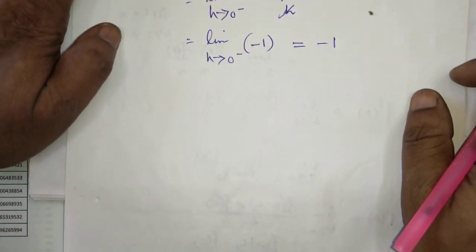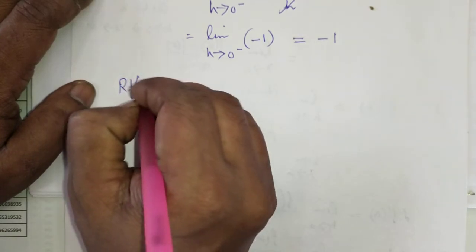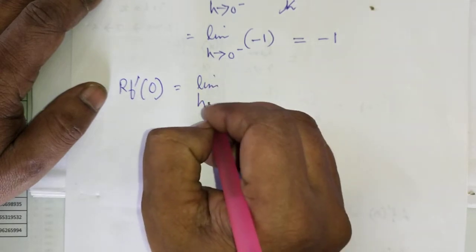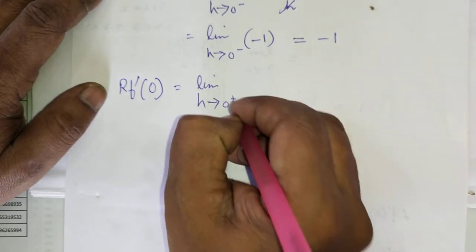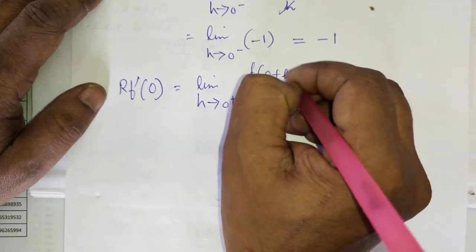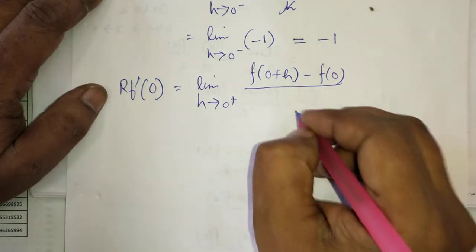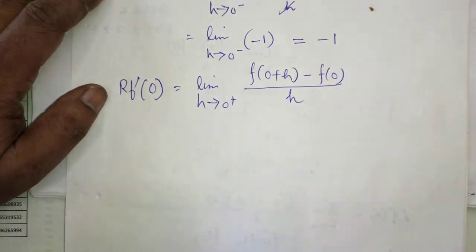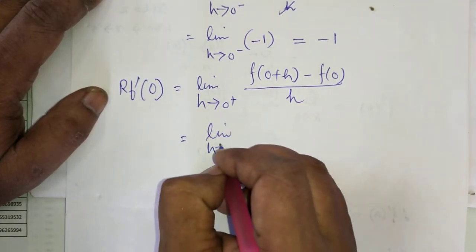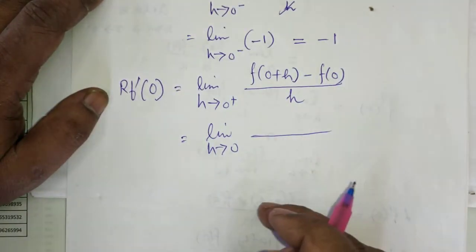Now let us find the right hand derivative. R f dash 0 is limit h tends to 0 plus f of 0 plus h minus f of 0 divided by h. This is your formula. Similarly, this expression is the same as in the previous problem for the left hand derivative.